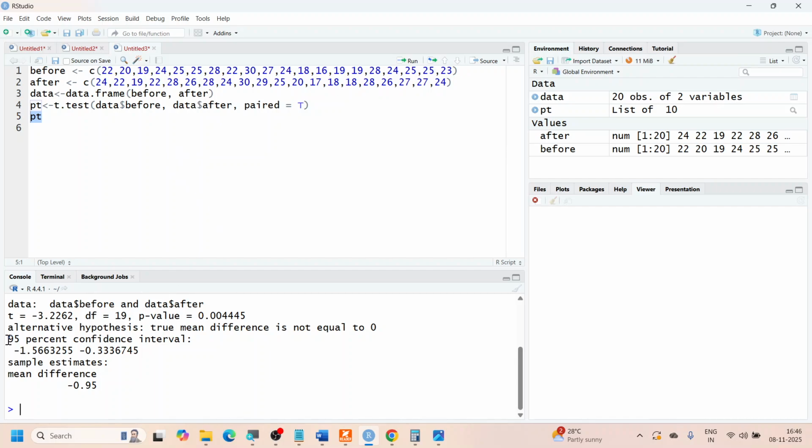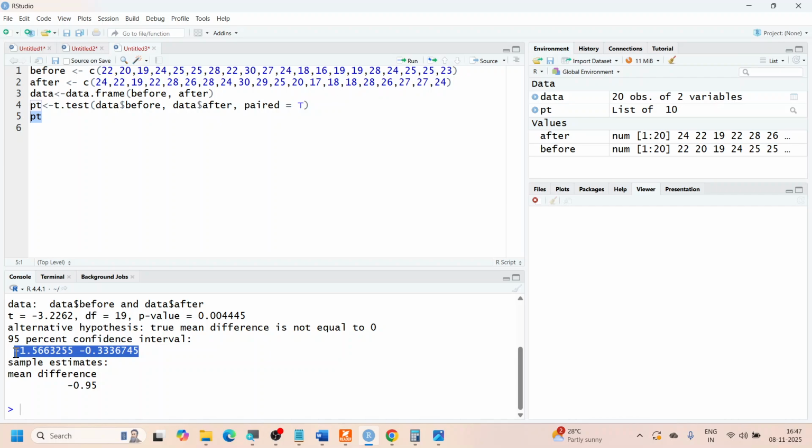Then you know very well, I have already told you, we are going for a 95% confidence level. That means to say that we are talking about 5% significance, and then you have these two values. What is the meaning of those two values?